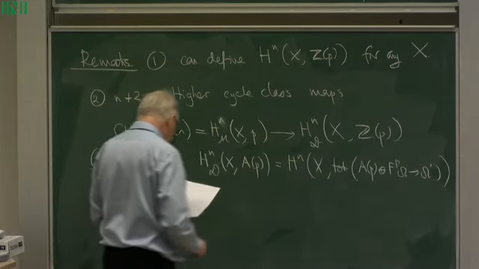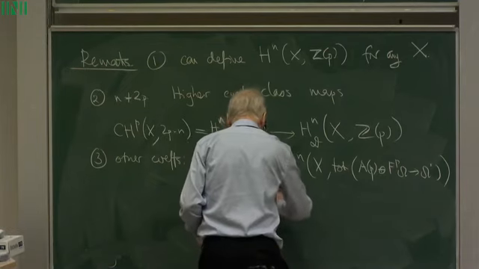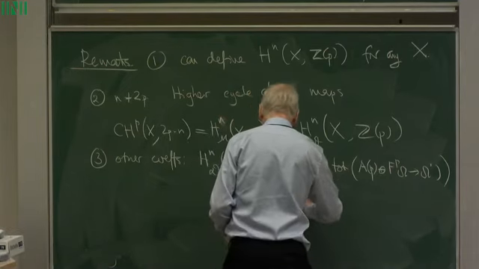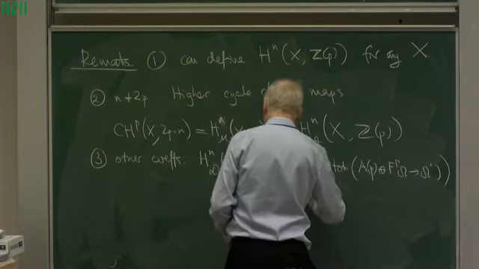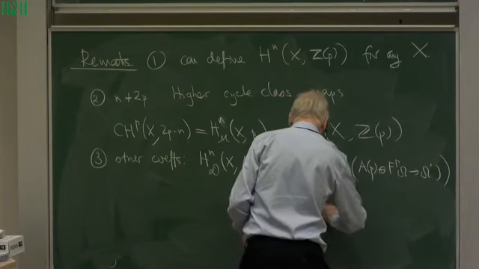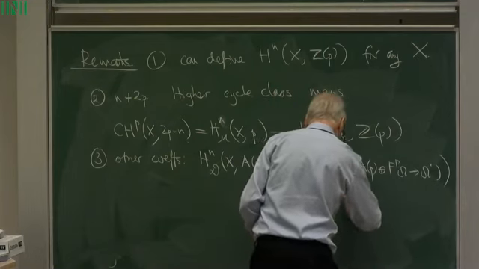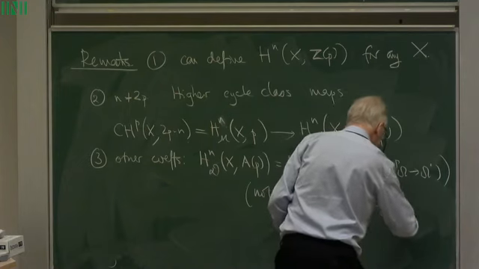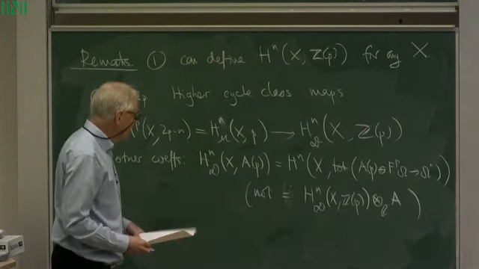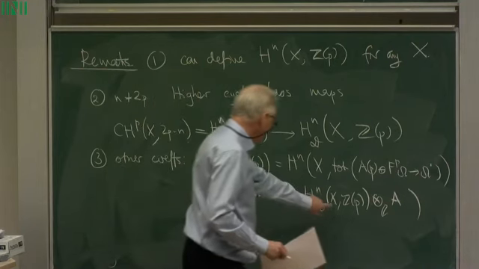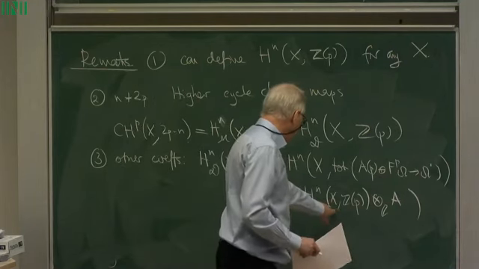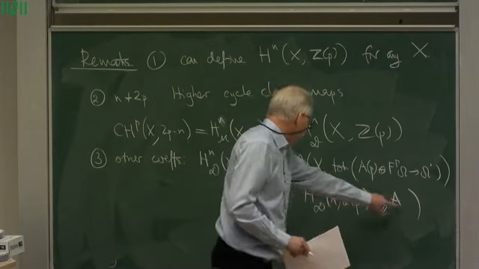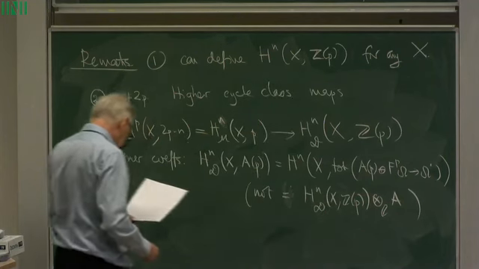So it's not just obtained by extending coefficients, because you've got a continuous part in this group as well as a discrete part, and the continuous part, of course, you just have to write down separately.